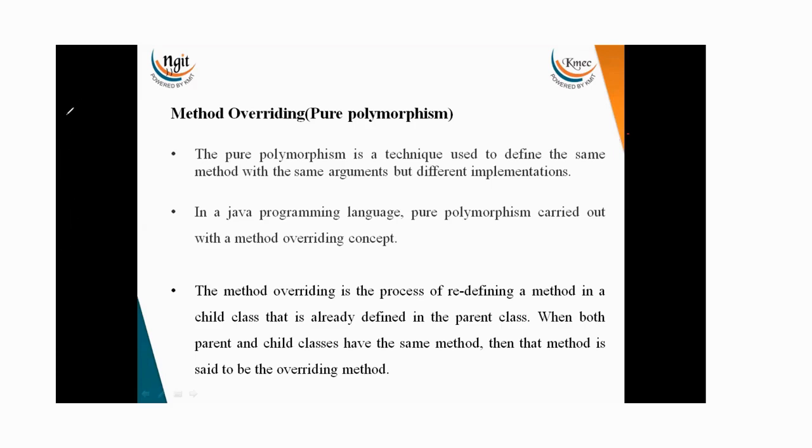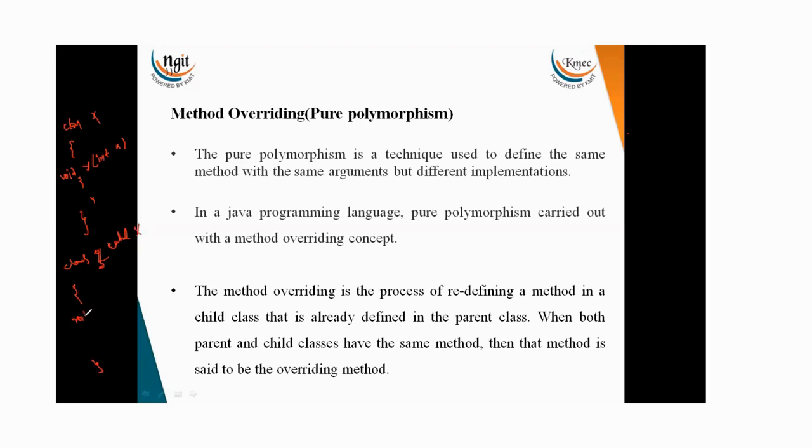Let's say you have a class named X. In this X class, I have a void Y method with a parameter int A, right? Then you take one more class Z, which extends X. Z is the subclass of the X class.